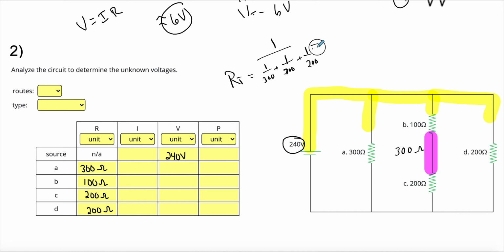I get a total resistance of 85.7 ohms. That's the way that works out in parallel.